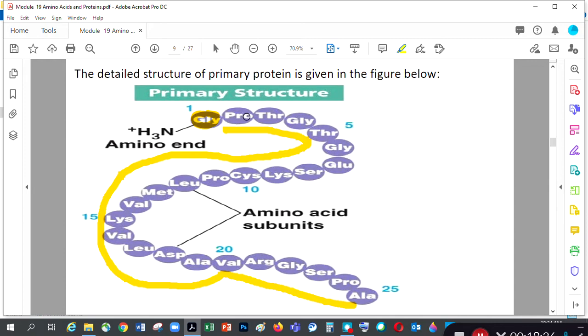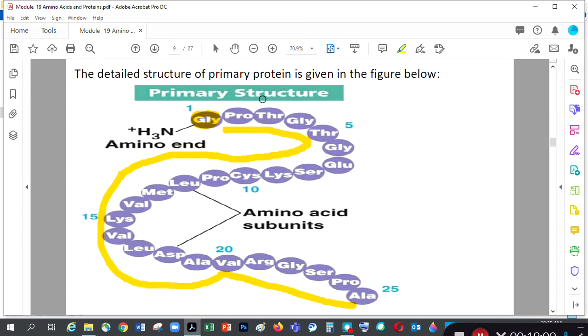And remember, you have 25 amino acids. How many peptide bonds do you have? You have 25 peptides. So we have polypeptides, yeah, 25, because we have 25 amino acids connected together via a peptide bond, correct?